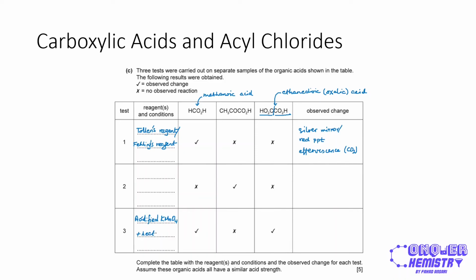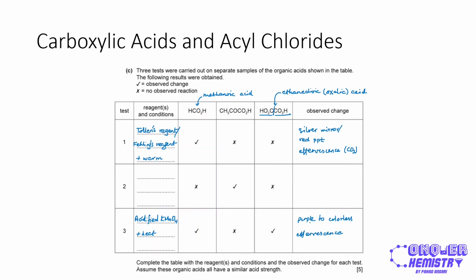By the way, in experiment number 1, we would also need to use a little bit of heating with Tollens' or Fehling's reagents, right? So with acidified KMnO4 plus heat, both of these will be oxidized, and you will get a color change from purple to colorless. And again, you will have effervescence due to the production of CO2.